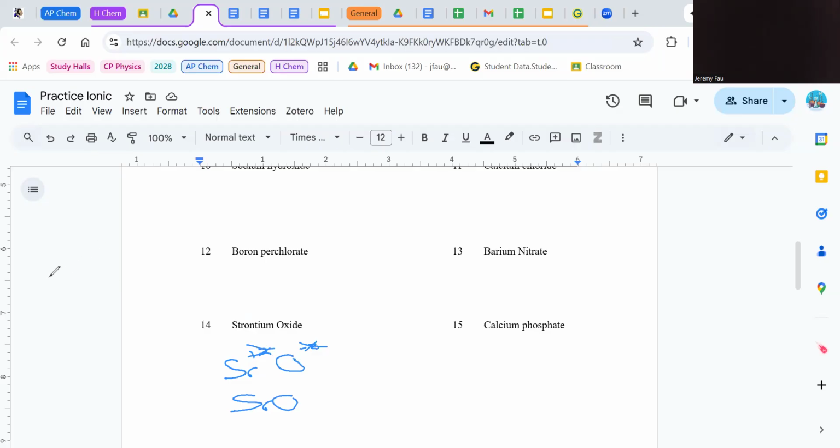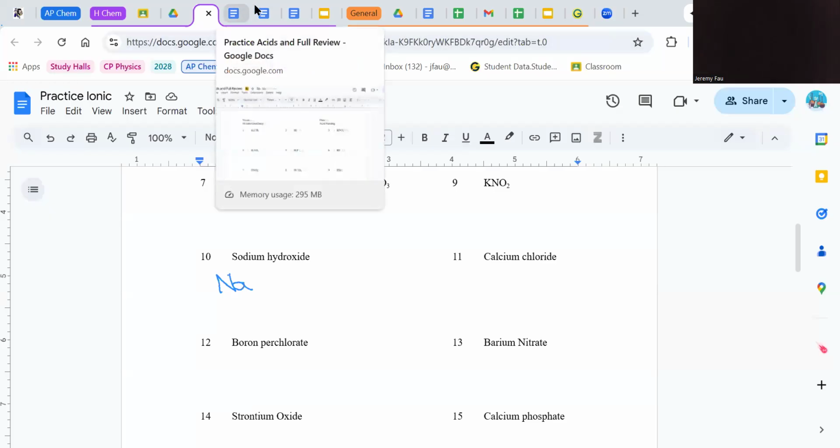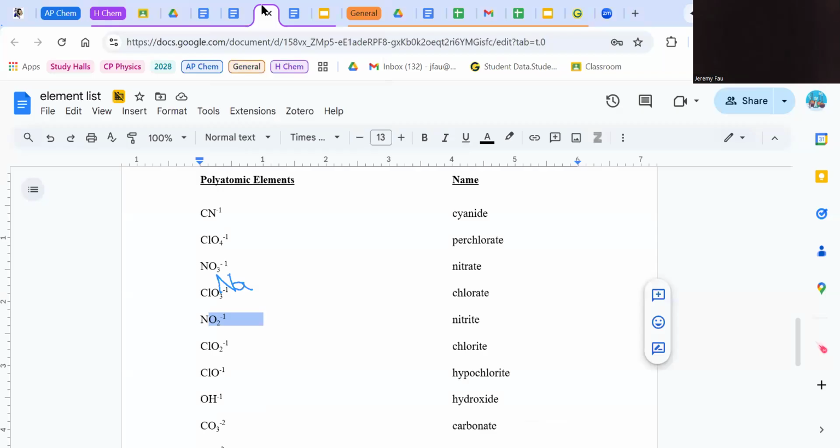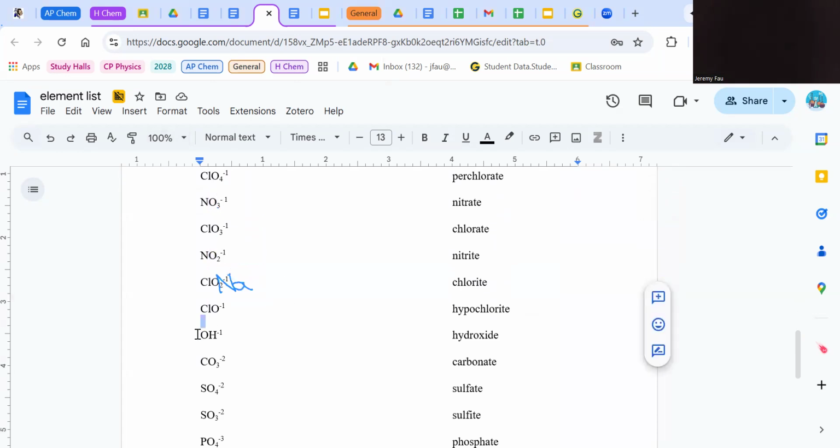All right. Now, let's look at two of them that involve polyatomics. So let's do 10 and then 12. At number 10, we start with sodium again. Sodium symbol is Na. And then hydroxide, if we look on our polyatomic sheet, hydroxide is right here.